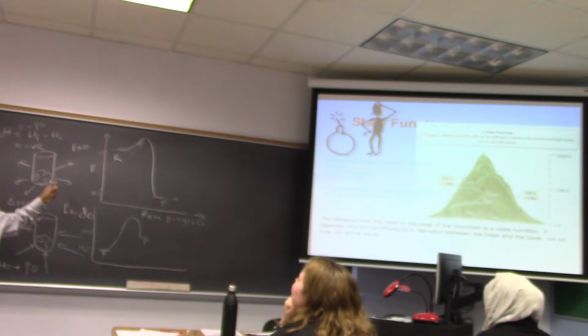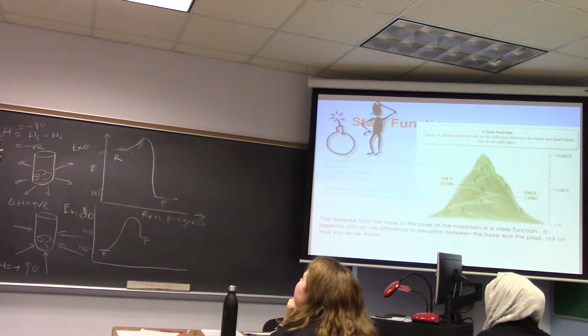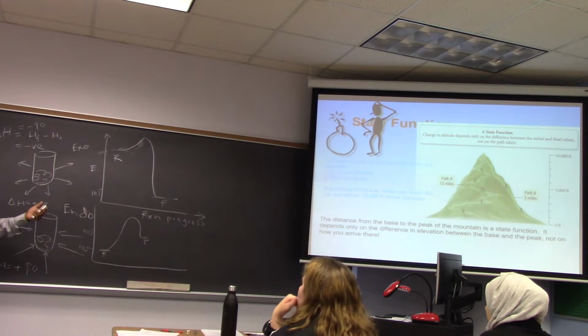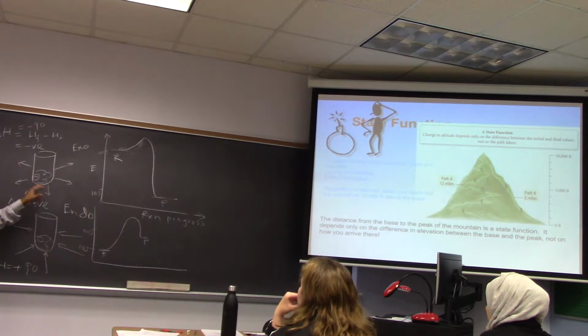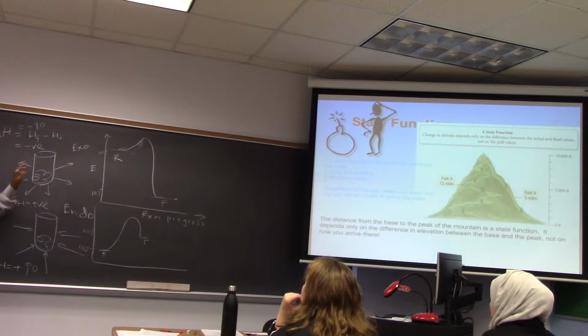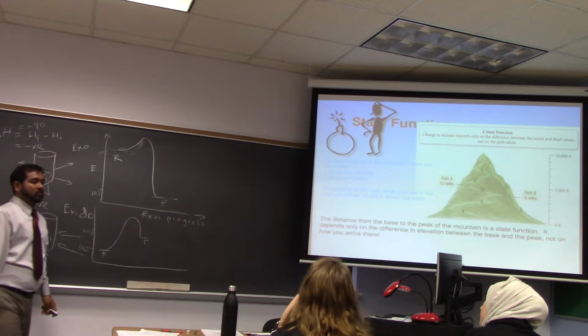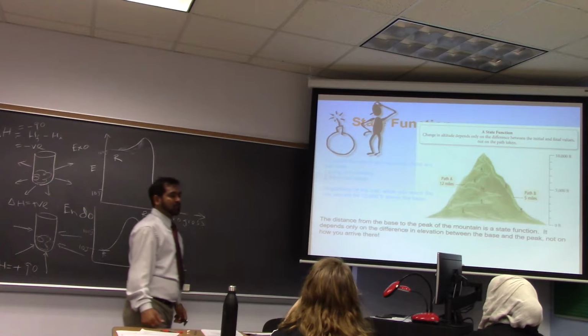That's called a state function. Enthalpy is a state function. No matter how you are heating, we don't need to know how. We do want to know whether heat is coming from the reactant, releasing heat, producing heat, or you are heating it up. So final minus initial, that will be the enthalpy. Any other example of a state function?